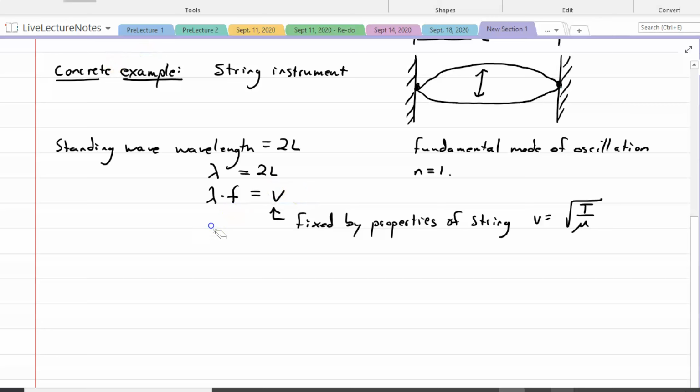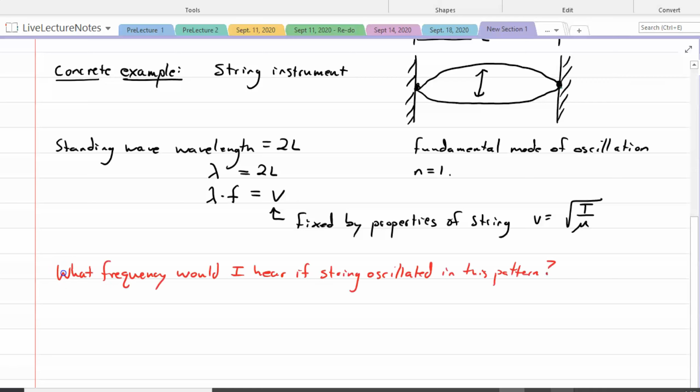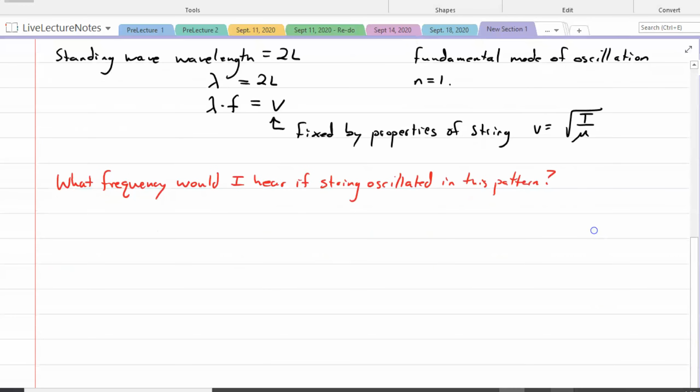So let's think about what frequency I would hear if the string oscillated in this pattern. Easy enough. I'm going to call it f1 because it's n equals 1 here. f1 is the speed divided by the wavelength, and the wavelength is 2L, so it's v divided by 2L.